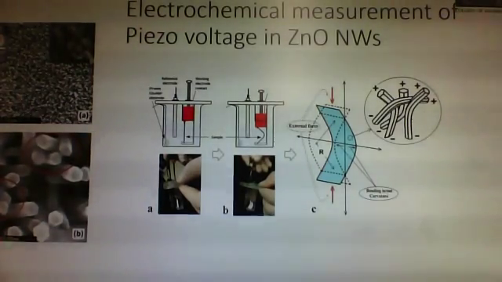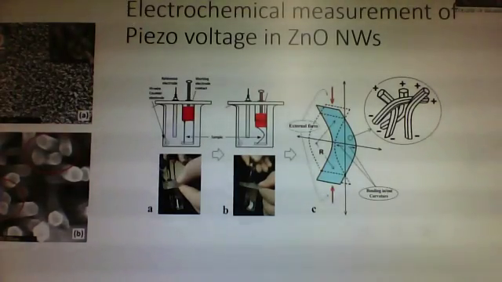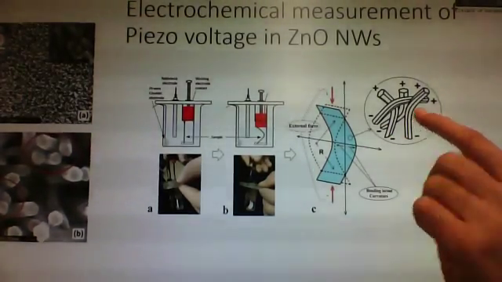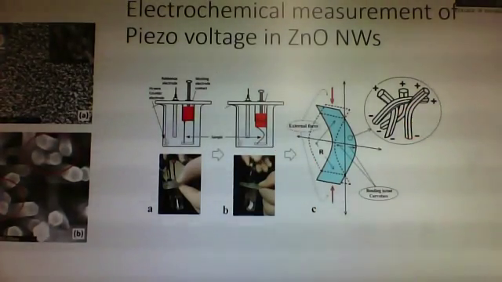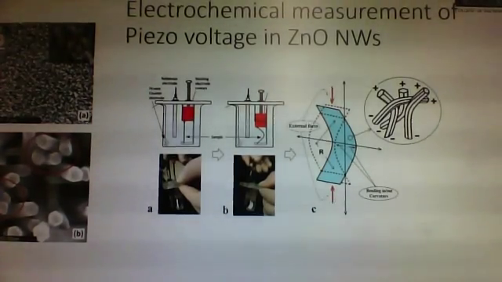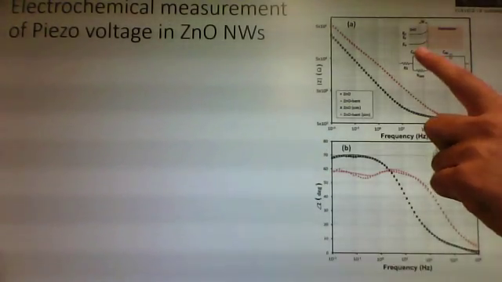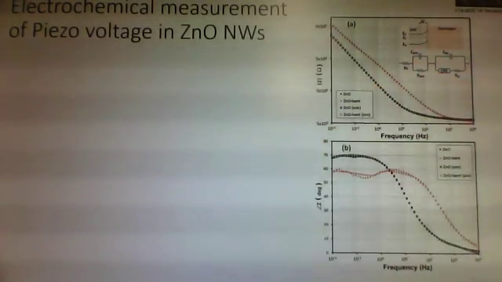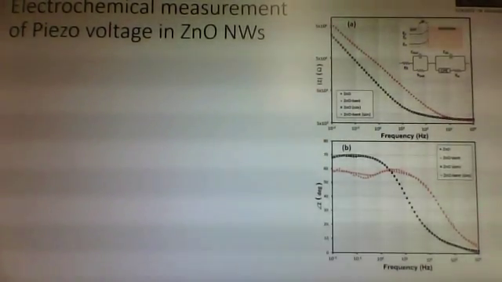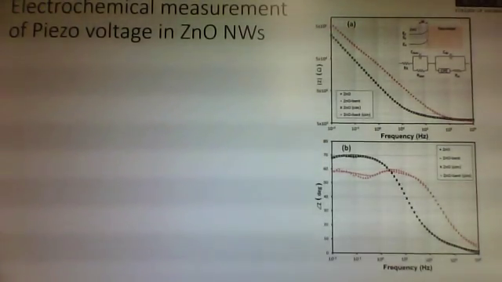So the purpose of this research was to use an electrochemical method for finding the depletion width in a zinc oxide nanowire. So practically the same way that we just reviewed, an interface between zinc oxide as a semiconductor and electrolyte was made, and we looked at the capacitance of such a Schottky contact between the two materials, and by monitoring the change of the capacitance in the zinc oxide, we could figure out the depth of the depletion region inside the zinc oxide.